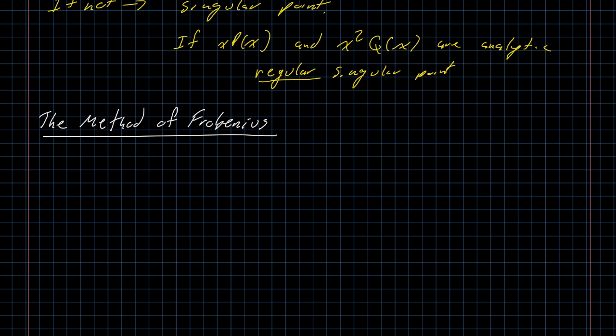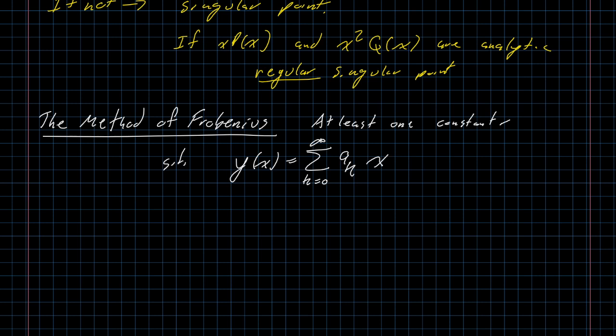When we have a regular singular point, we are going to use the method of Frobenius. Frobenius has a theorem, named Frobenius' theorem, that says that when you have a regular singular point, then there is at least one constant r so that the function y of x is the sum, k goes from 0 to infinity, of some coefficient ak times x to the k plus r.